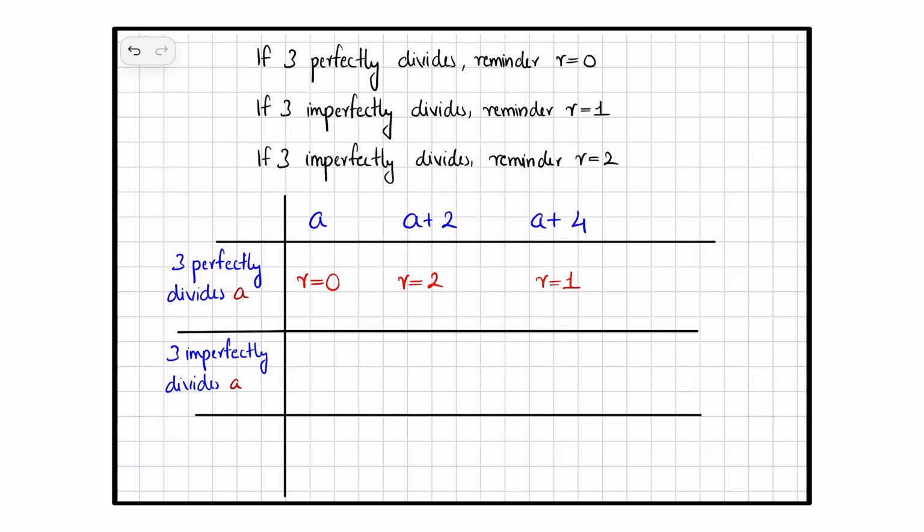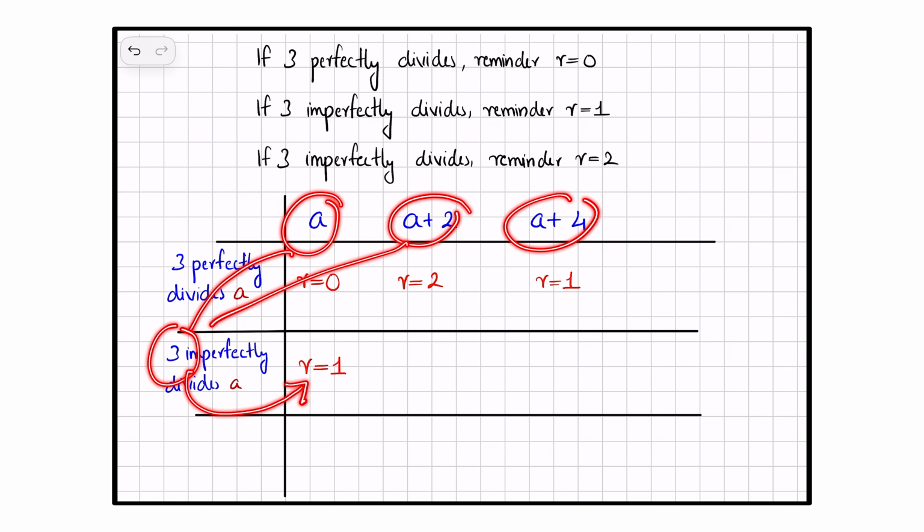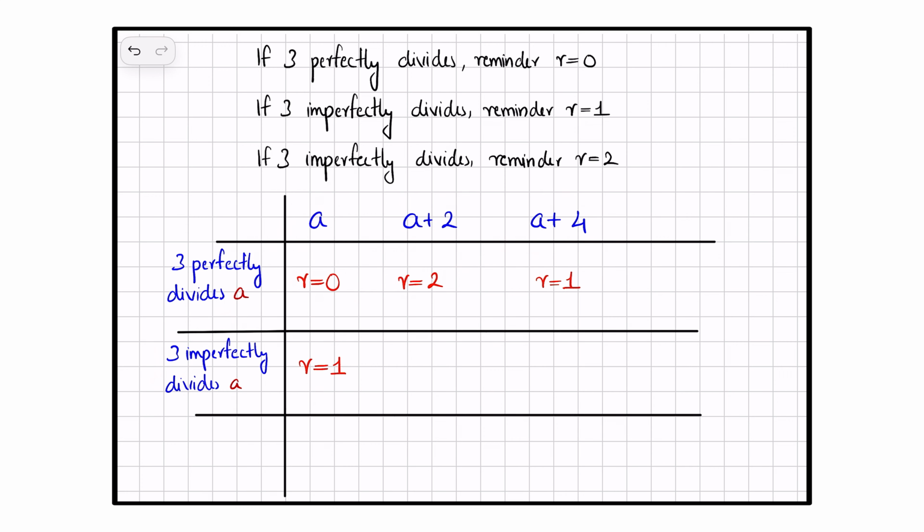We look at the second case, 3 imperfectly divides a, and let us assume that in the imperfection case r equal to 1, or the remainder is 1. If a divided by 3 results in a remainder of 1, what will be the case when a plus 2 is divided by 3 and a plus 4 is divided by 3? The remainders will be 0 and 2.